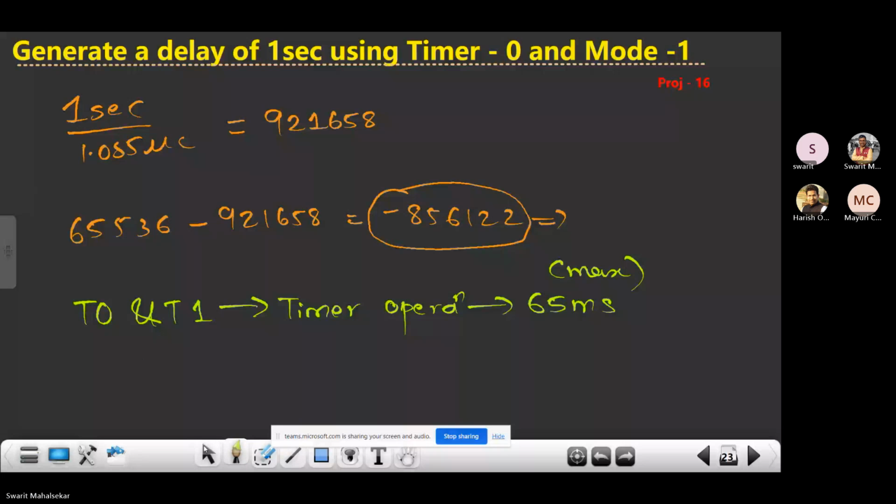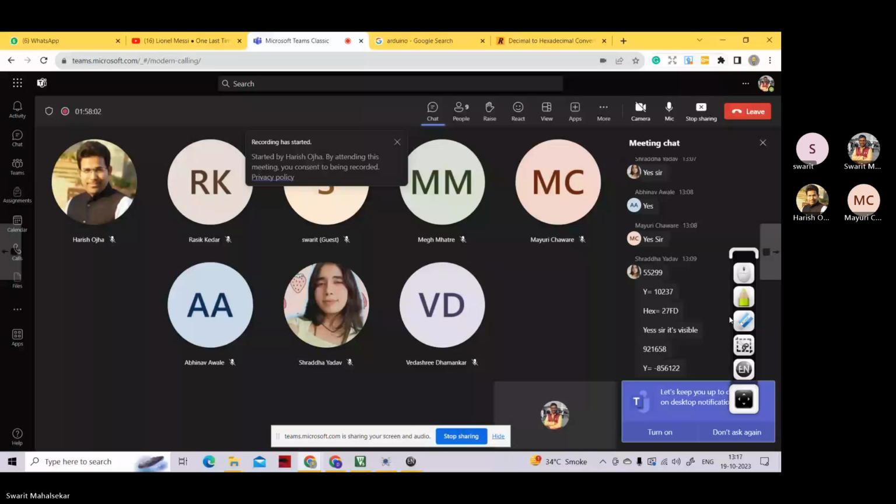Any idea? Guys, please acknowledge. Any idea?